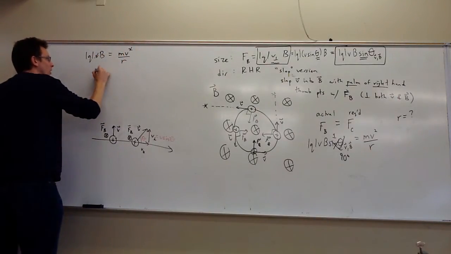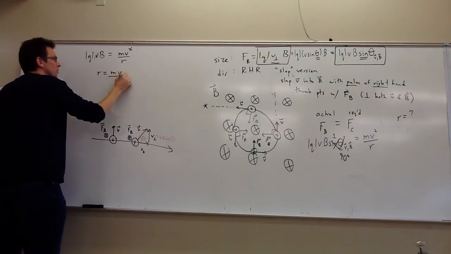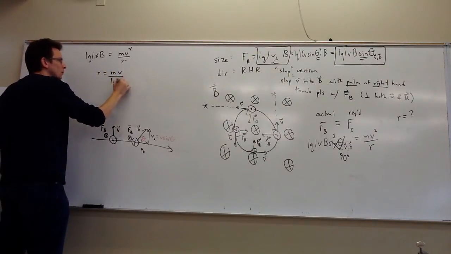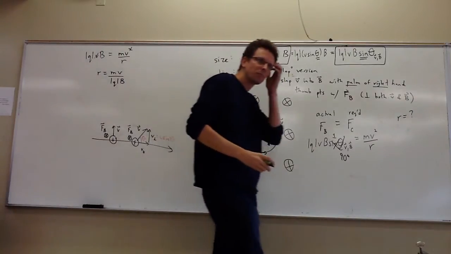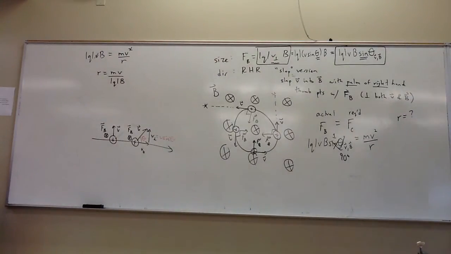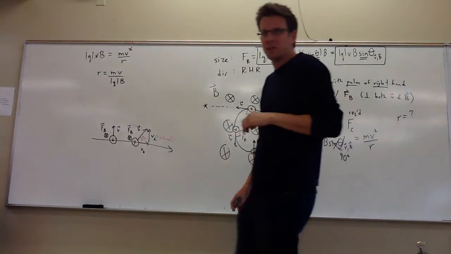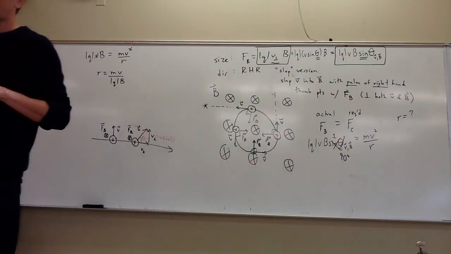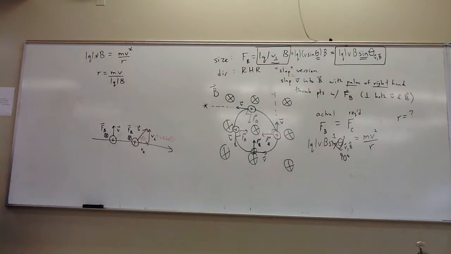And then I'll just solve for r. That will be the radius of the circle that it makes. So if you shoot a charged particle with some speed into a magnetic field in this manner, it will curve into a circle, and this will be the radius of that circle.